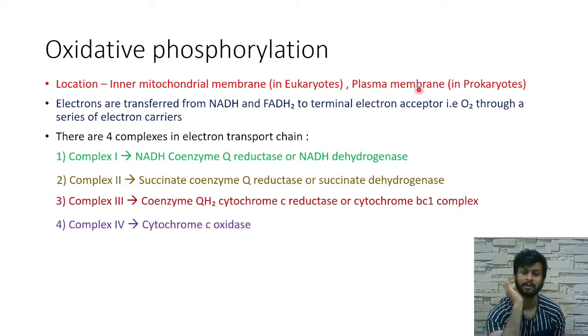It occurs in the plasma membrane and not in the cytosol. Glycolysis occurs in the cytosol in prokaryotes, but oxidative phosphorylation occurs in the plasma membrane. So you need to remember this. The second point is that electrons are transferred from NADH and FADH2 to the terminal electron acceptor, that is oxygen, through a series of electron carriers, and that is what is happening in the electron transport chain.